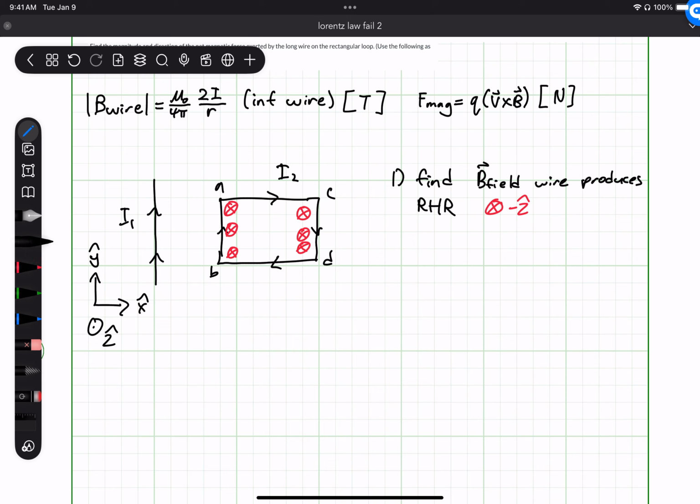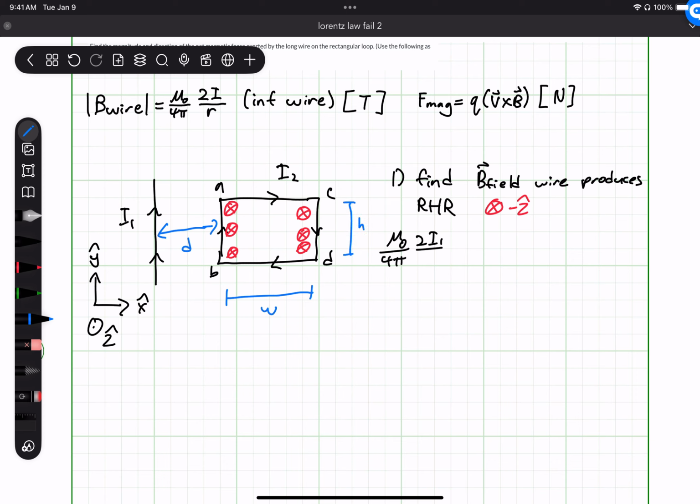So let's document that. The B field will just be, using the basic equation, mu naught divided by 4 pi multiplied by 2, and this will be I1 divided by R. In this case, let's call this D. We'll call this W, and we'll call this height.